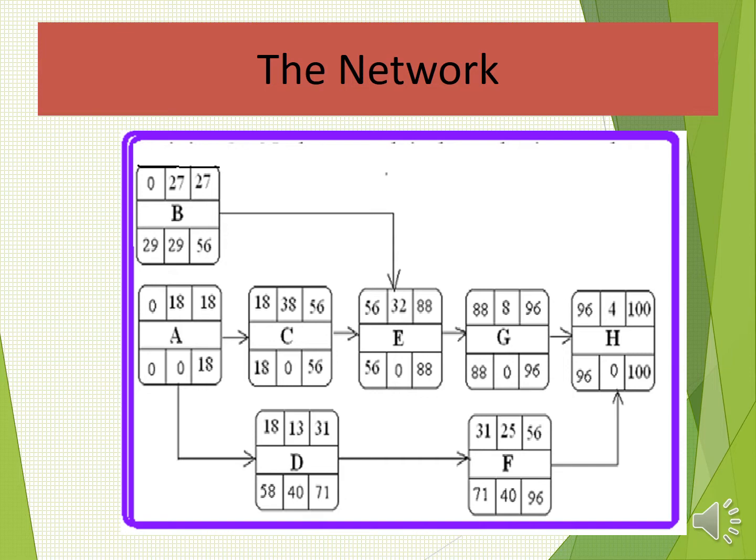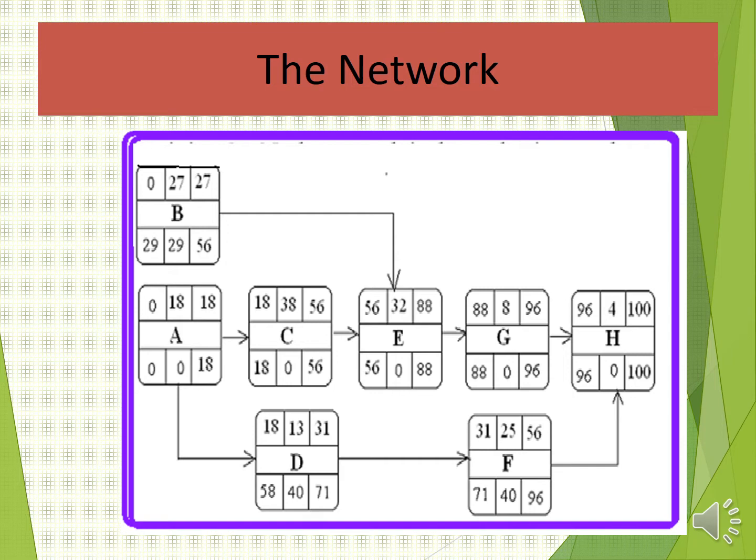You are looking at the forward path. 27 is where B ends, but B has to wait until C is completed, since both B and C give inputs to E. They are predecessors of E. So E cannot start before C and B are completed.